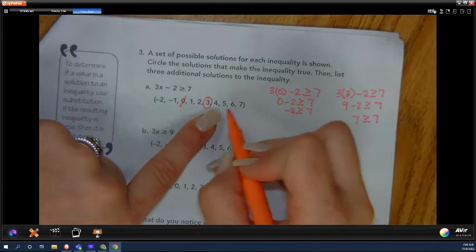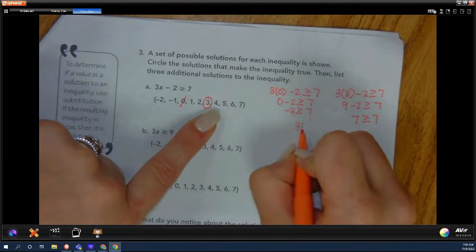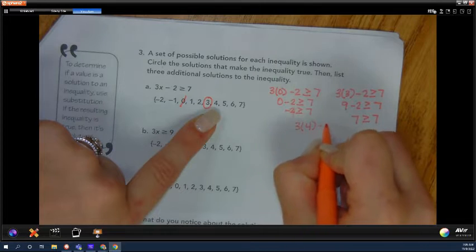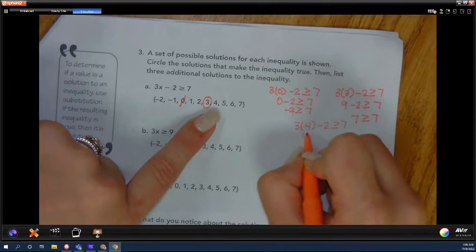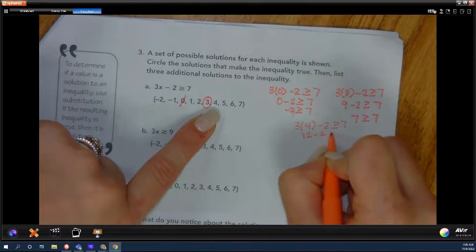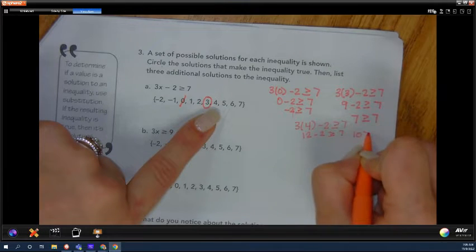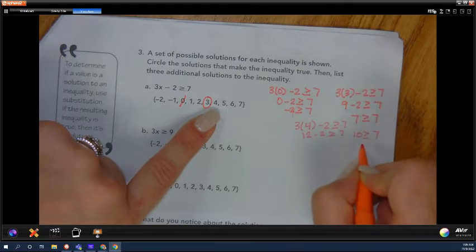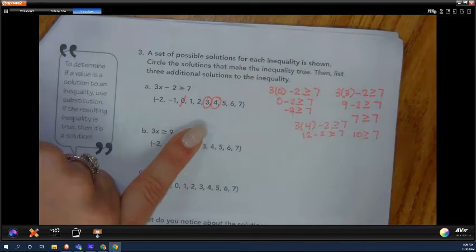Okay, well, what happens if I were to put 4 into this inequality? If I said 3 times 4 minus 2 less than or equal to 7, 3 times 4 is 12 minus 2 less than or equal to 7. Well, 12 minus 2 is 10 less than or equal to 7. Well, look, 10 is bigger than 7, and I'm opened up towards the 10, so 4 is going to be a solution.